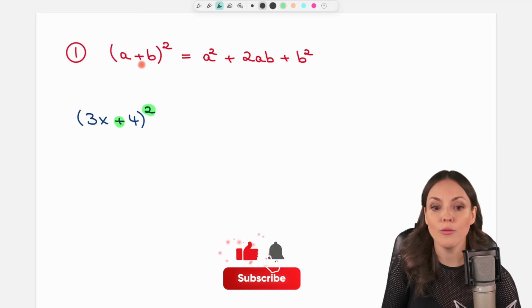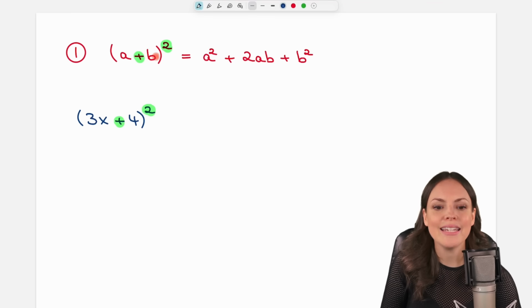So we take the formula where we want to square a sum, and in our parentheses, we have something before the plus and something after the plus. Same thing here.